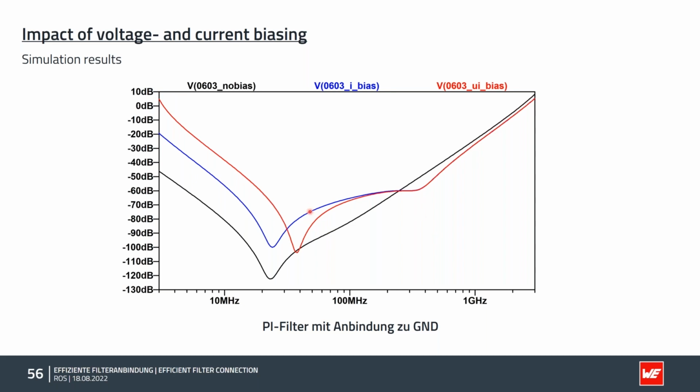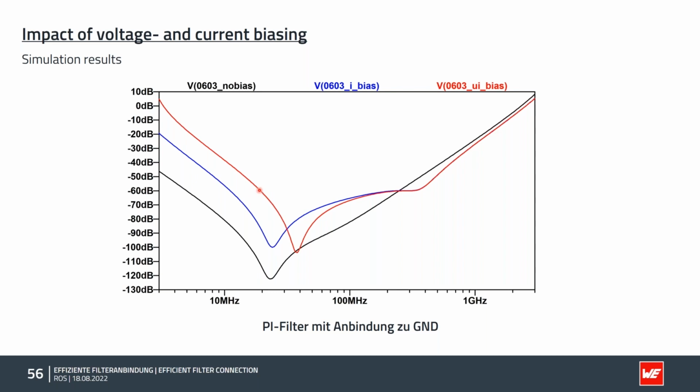And it depends on the frequency you are filtering whether you get trouble with the filter or not. That's the question. If you have a look here at 20 megahertz, for example, you expect a lot of attenuation, but maybe the red one is the realistic curve for voltage and current bias.